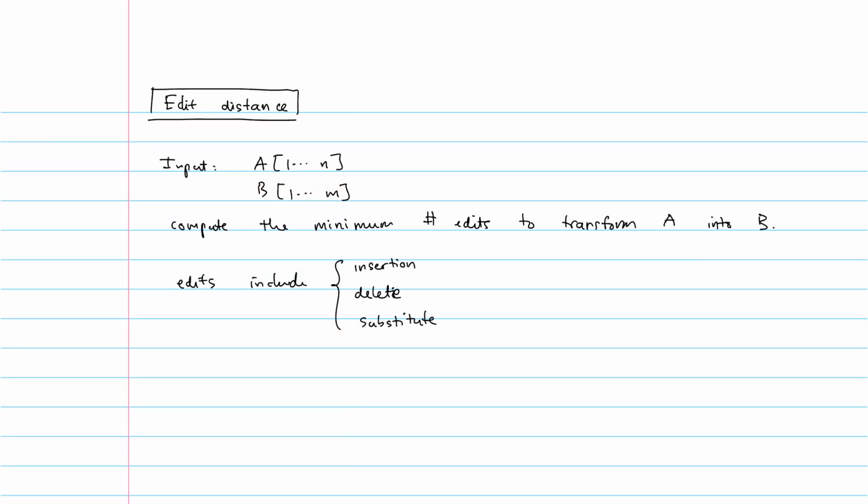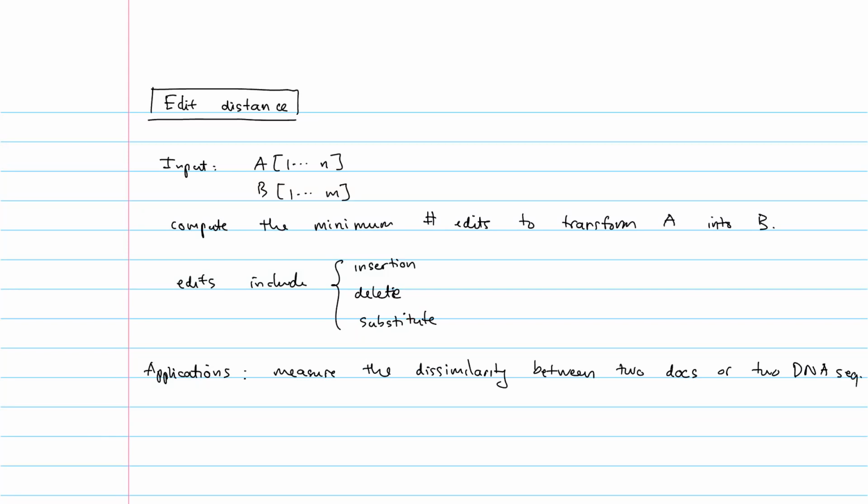There are several applications to this problem, but we can think of computing the edit distance as a way to measure the dissimilarity between two documents or two DNA sequences and so on.